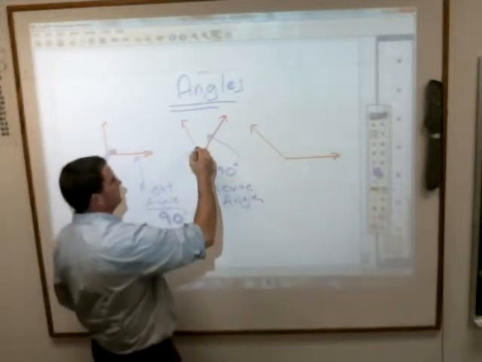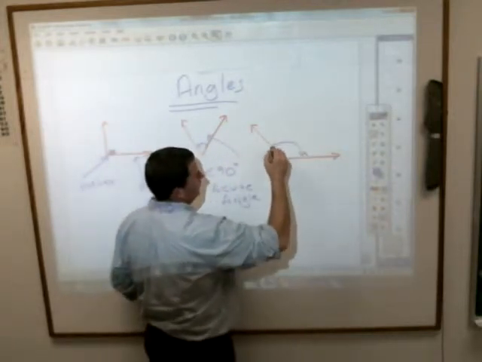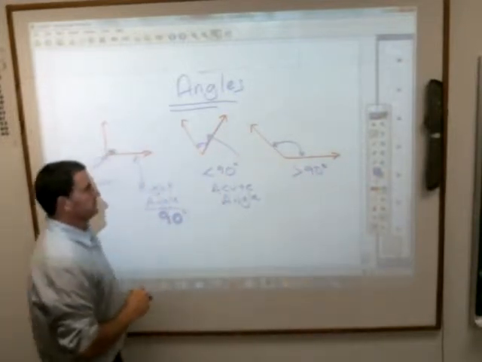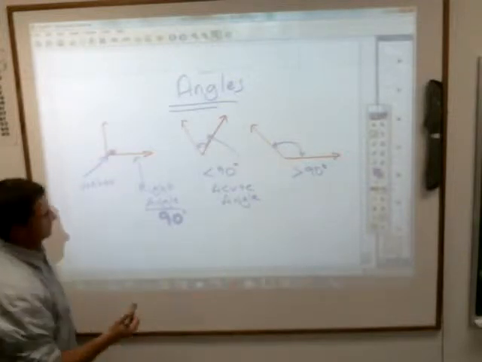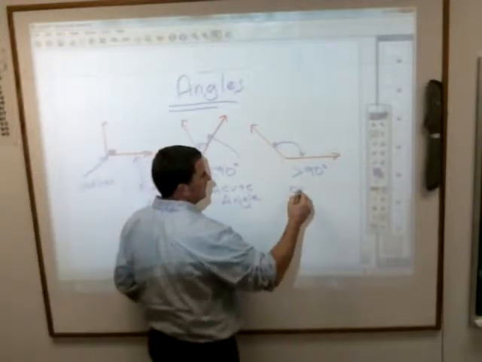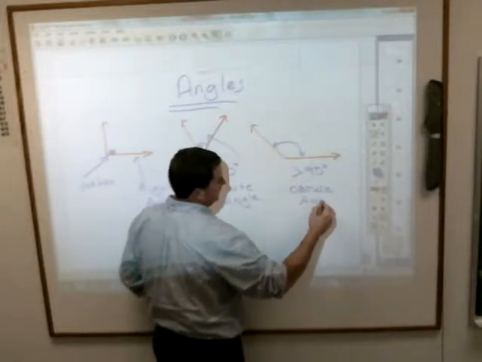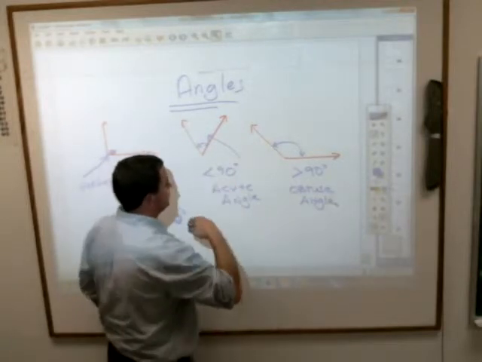Okay, this. And then this one here, that's more than, or as we do in math, greater than 90 degrees. What type of angle is that, DJ? Obtuse. Absolutely. Obtuse angle. And it doesn't matter how the angle is drawn.